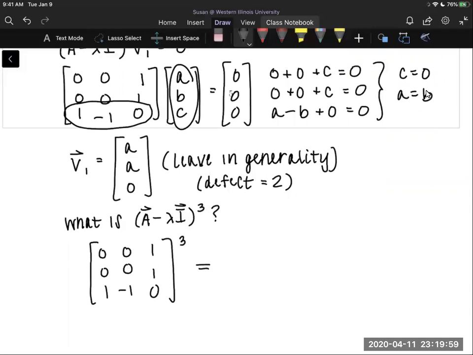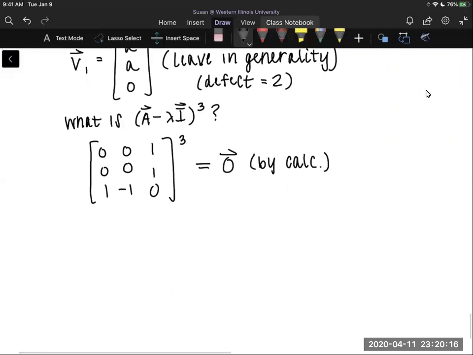So what I'm going to do is I'm just going to say that, look, if I cube this, I actually get out the 0 matrix, and I'm just going to note this is by the calculator. That way, whoever's reading my solution is going to understand how I got to that.